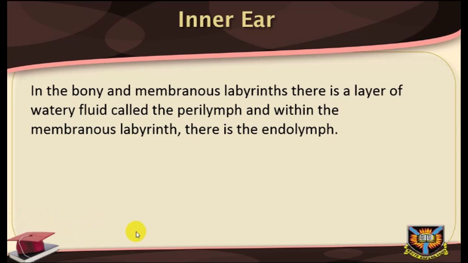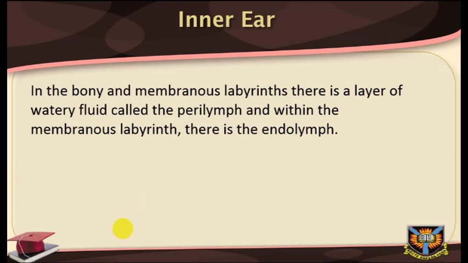The bony labyrinth consists of one vestibule, one cochlea, and three semicircular canals. The vestibule contains the oval and round windows in its wall. The cochlea resembles a snail's shell.